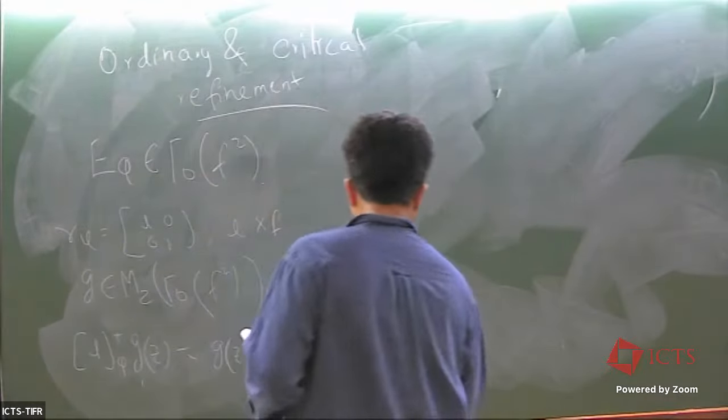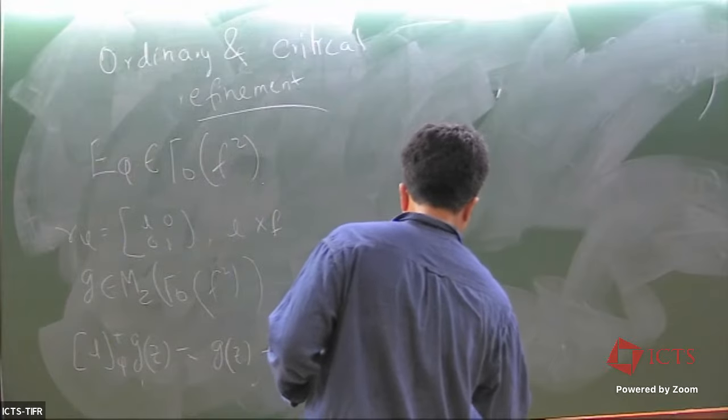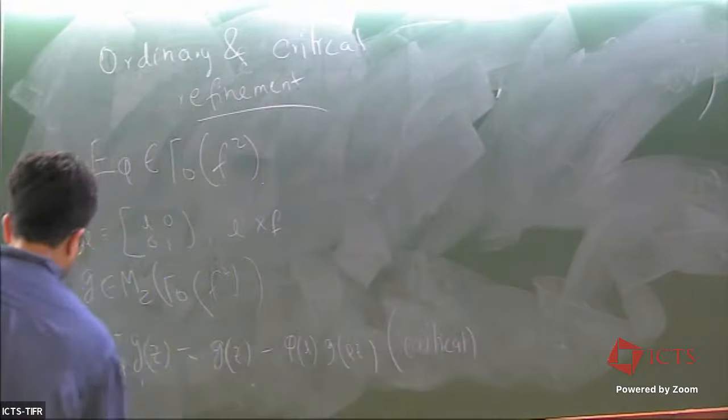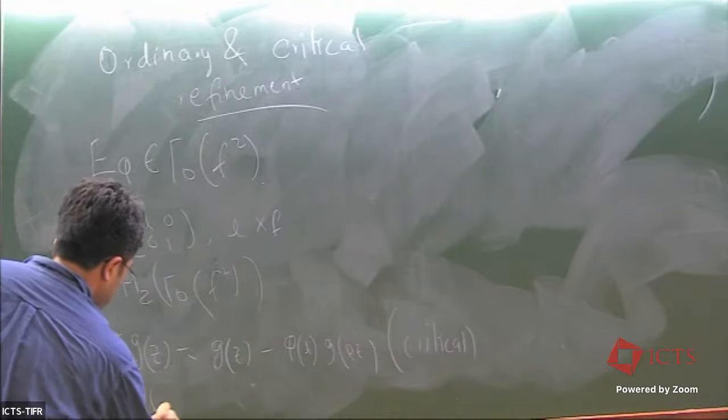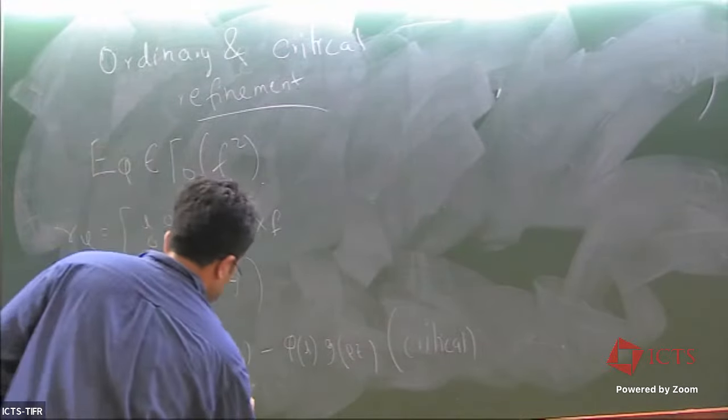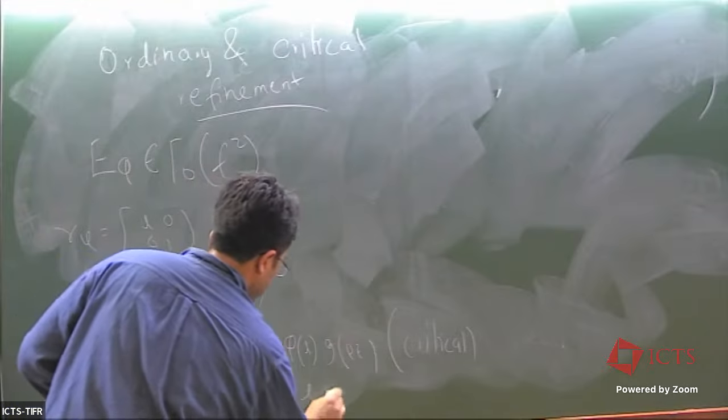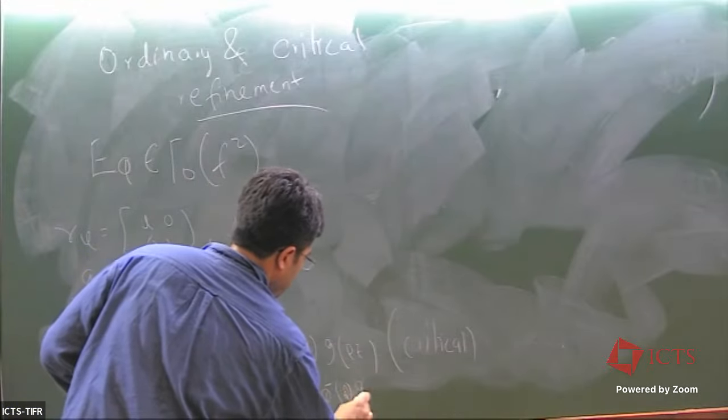So this is critical, and L phi minus G(z) equals G(z) L bar of (Lz).